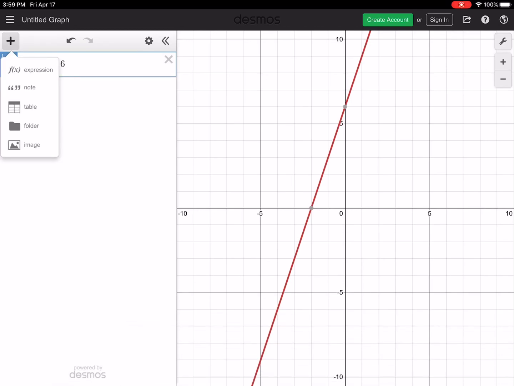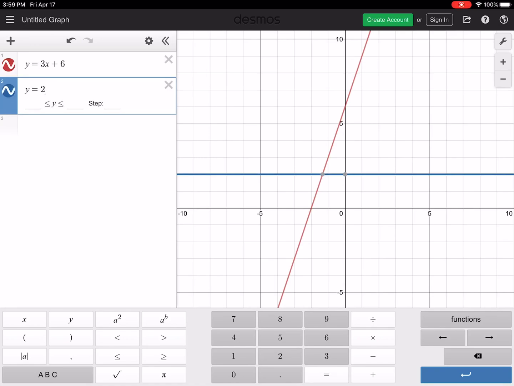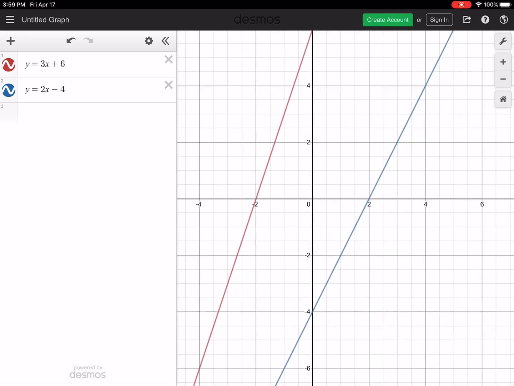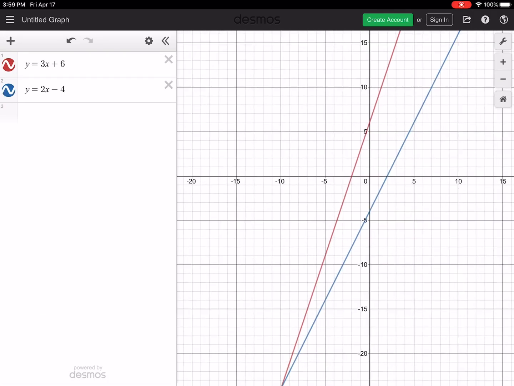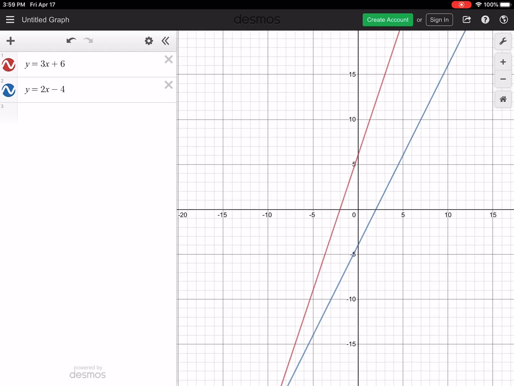I can actually make another expression where I could go y equals, how about 2x minus 4. You'll notice that the line has a bit of a different slope, and so it intersects kind of down there. But they're all linear equations.